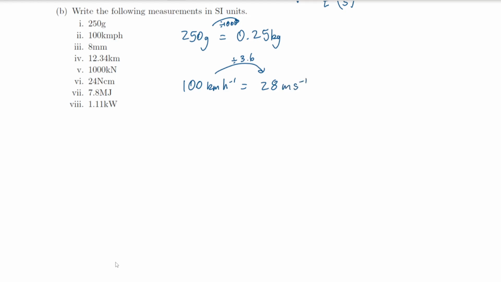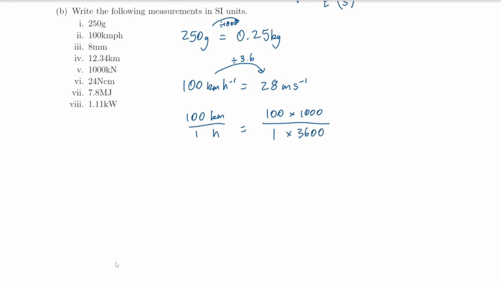And so where that comes from, so 100 kilometers per 1 hour, there are 1,000 meters for every 1 kilometer, right? So we times it by 1,000. But there are 3,600 seconds for every 1 hour.